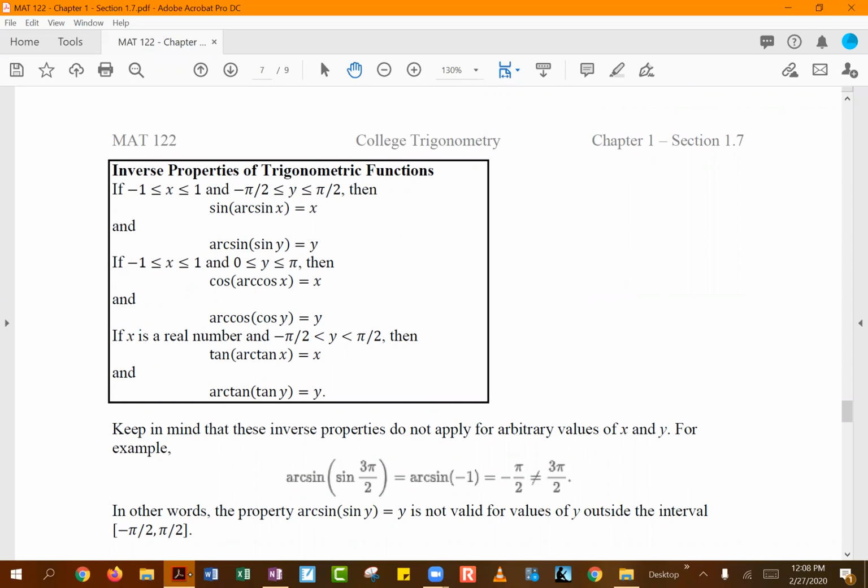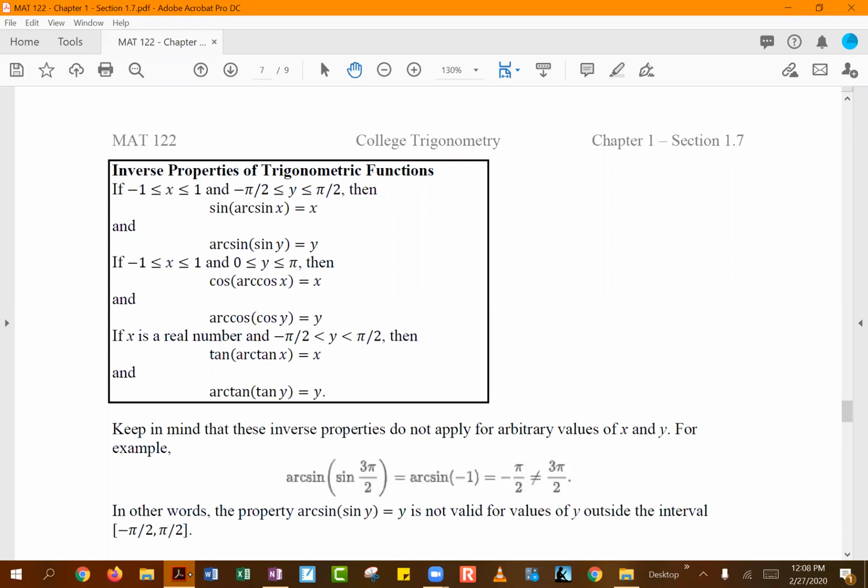Your y values are restricted between -pi/2 and +pi/2 for the arcsine function. So if I do sine composed with arcsine of x, you will get x as the answer. But if I am doing arcsine of sine of y, then that same variable y is going to be your answer.